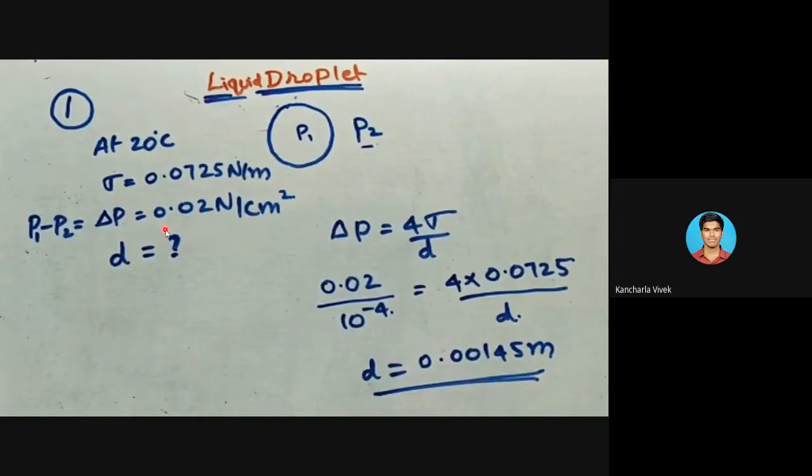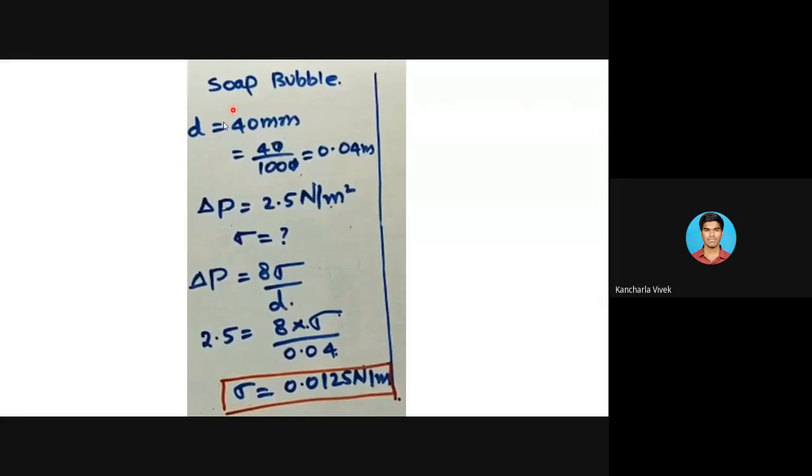This is one condition. When I go to a second type of example, for the case of a soap bubble, we have been given D, it is 40 mm. So it's better that we convert it into meters. The problem data has also specified that change in pressure is 2.5 Newton per mm square. So delta P is given, D is given, and we have to find sigma. In the case of a hollow soap bubble, 8 sigma by D, that is the second formula.